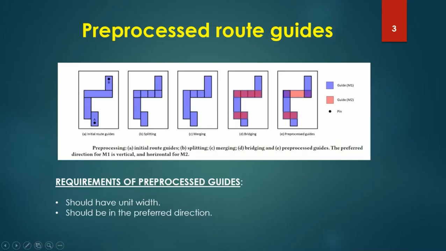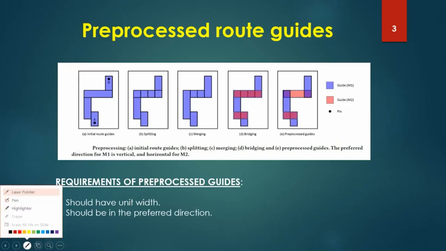If you refer to the legends on the right side, the purple stands for metal 1 guide, and the pink, or peach, whatever you call it, stands for metal 2. And if you see the caption down here, the preferred direction of M1 is vertical. That means M1's preferred direction is vertical.